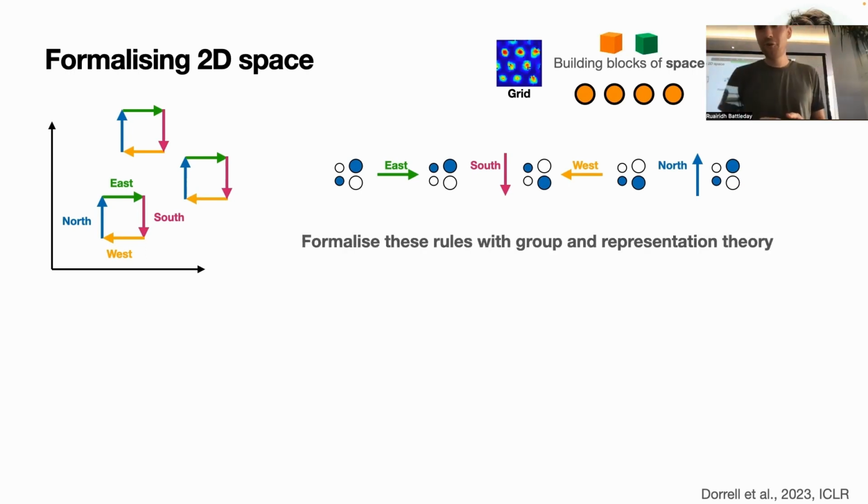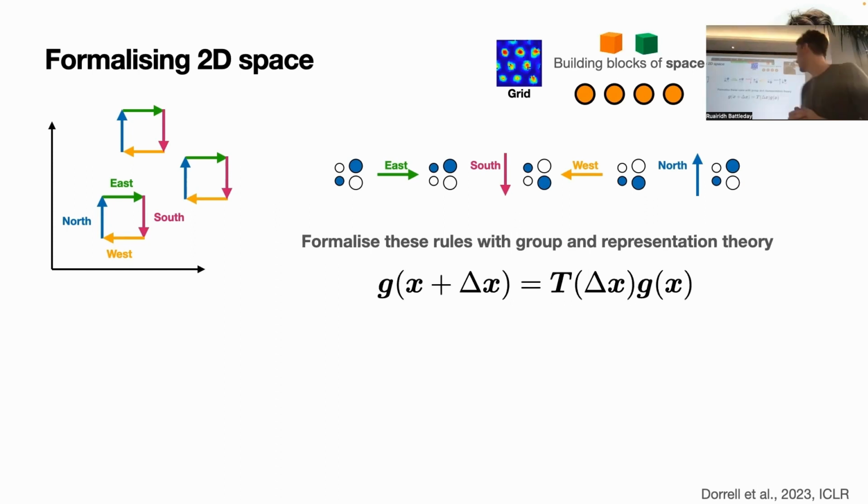And we're going to formalize these rules with group theory and representation theory. I'm not going to go into any nitty-gritty detail. What I am going to show is some equations, but I'm really just going to try to offer intuition at every stage. So what this theory says: if I have some neural representation or vector representation of where I am, that's location x, then in order to get to a vector location of x plus delta x, there is some matrix which is a function of delta x.